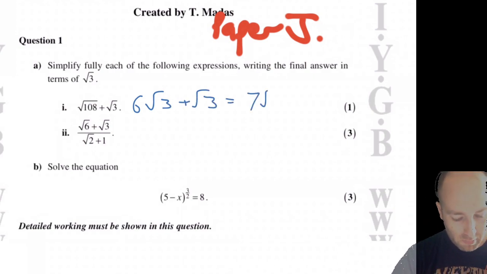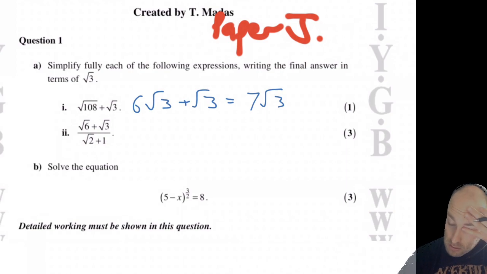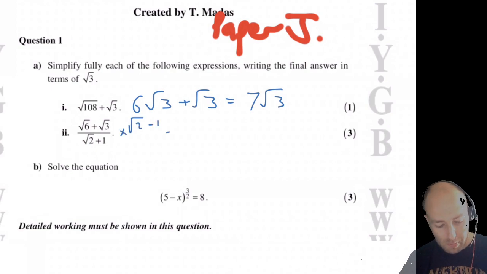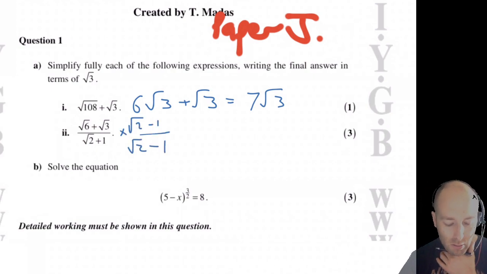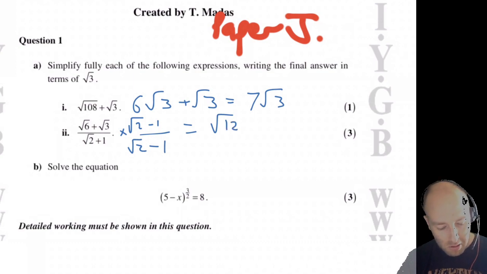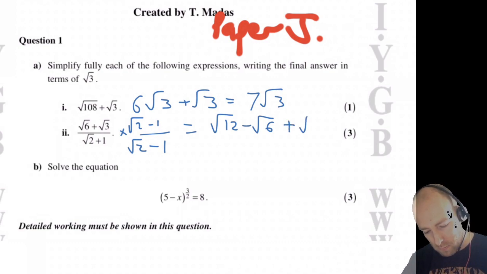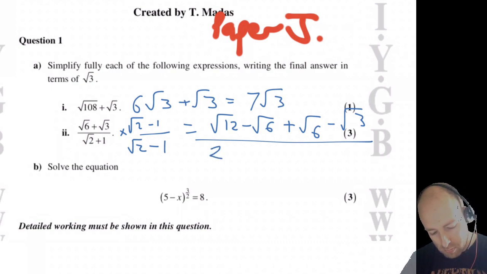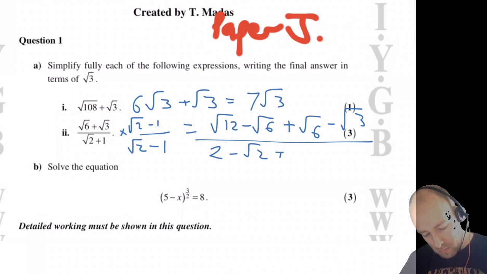Nice and easy. Then we got root 6 plus, so we need to rationalize the denominator in this one. So remember, times by root 2, take 1 on the top and the bottom. So we're going to get square root of 12 minus root 6 plus root 6 minus root 3 all over 2 minus root 2 plus root 2 minus 1.